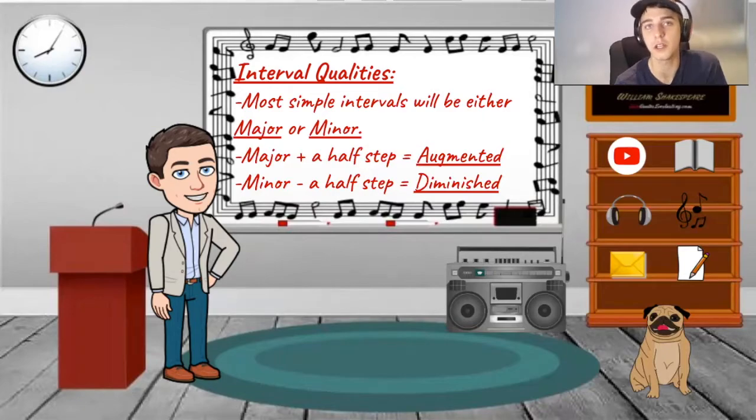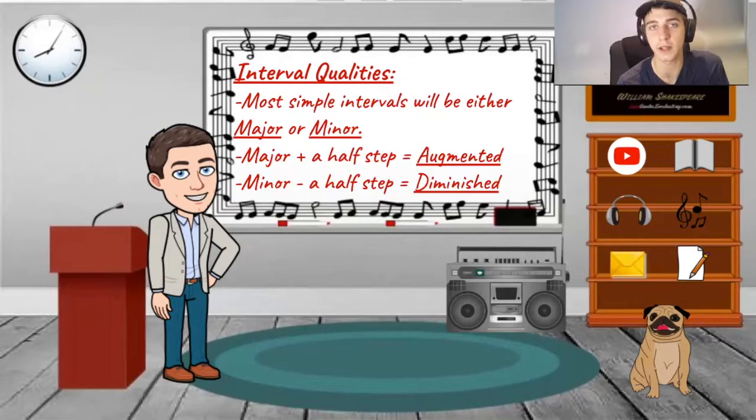If you wanted to check a major or minor interval, let's take the third, for example, because we were working with that just a second ago. So C to E. C natural to E natural would be a major third. And we know that because the note E natural is the third note of the C major scale, right?